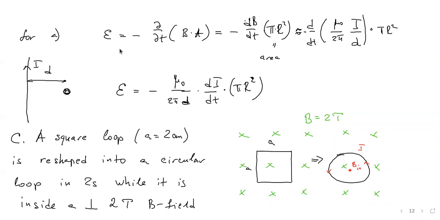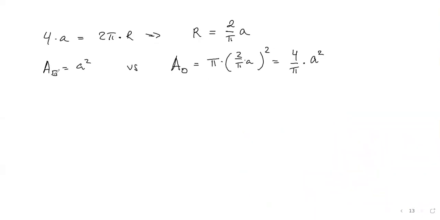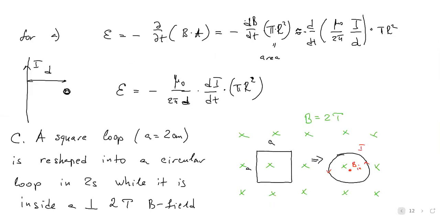Let's find the EMF then. The transformation happened in 2 seconds. The magnetic field is 2 Tesla.